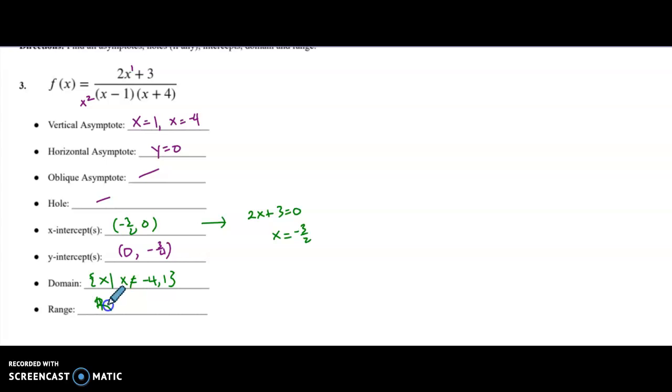And the reason for that is because normally the range would be all real numbers except for whatever your horizontal asymptote was, right? But look what happened in the x-intercept. We actually have an x-intercept at -3/2, 0. And so there is a point, there is a y value there. So that's why it's all real numbers.